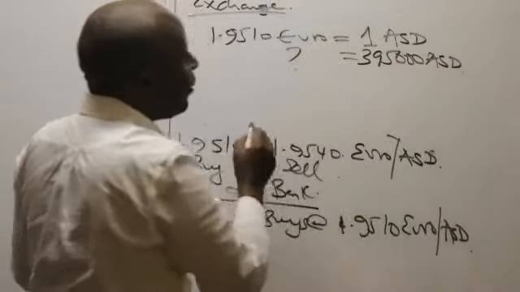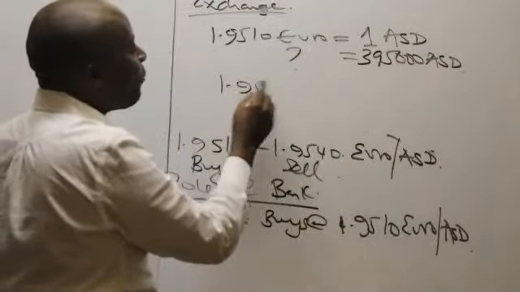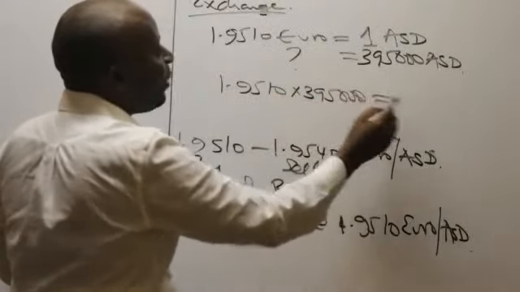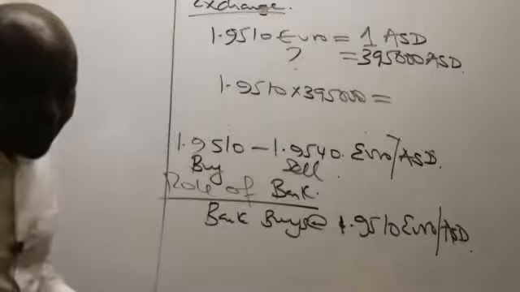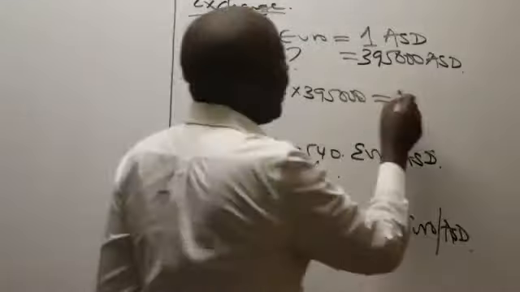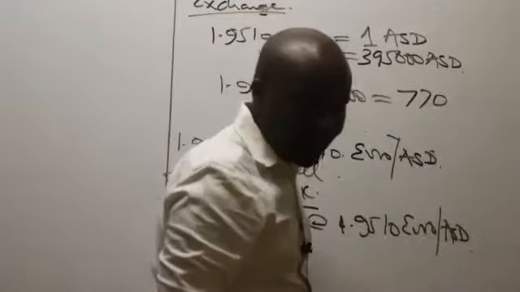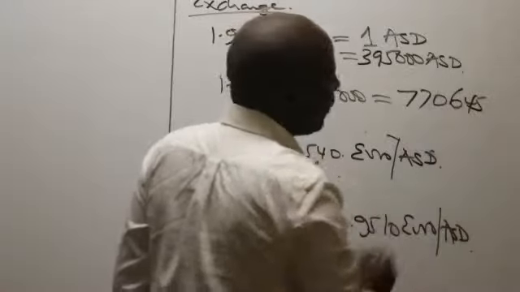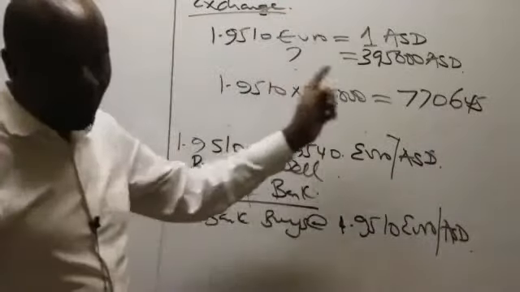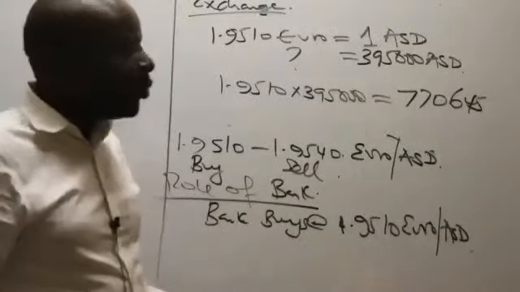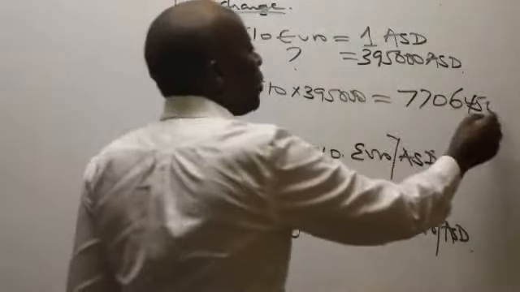So if you do it like that, it will be 1.9510 times 395,000, which comes to 770,645. The only thing that you guys haven't told me is whether these are euros. Thank you very much.